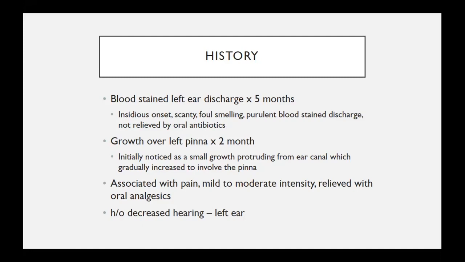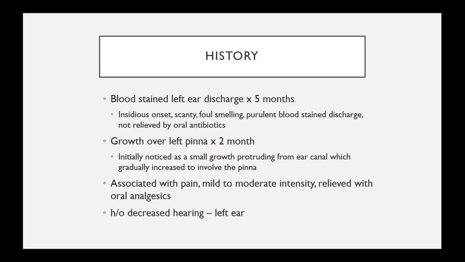Why malignant? And what benign lesions? So a benign lesion could be an aural polyp arising from the external auditory canal, or pseudoepitheliomatous hyperplasia arising from the ear canal. And why malignancy?